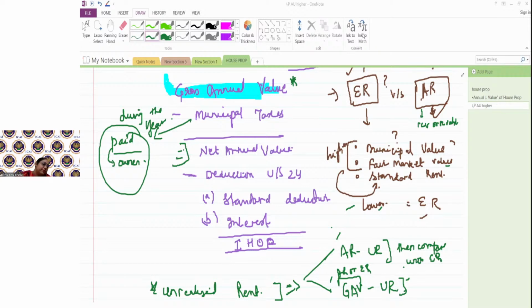You have to compare it with the actual rent always. Clear? Let's move ahead.